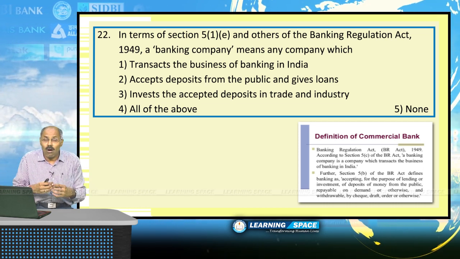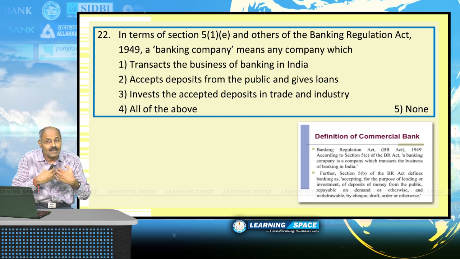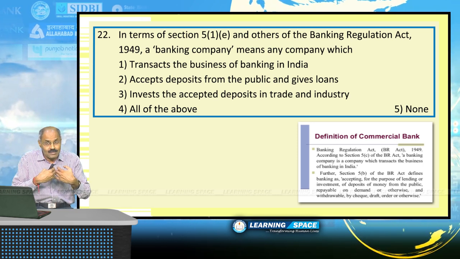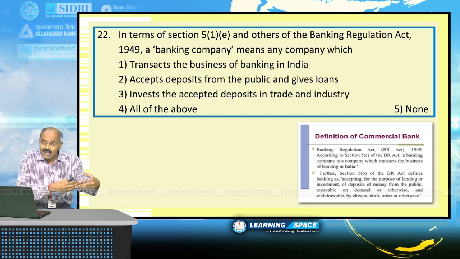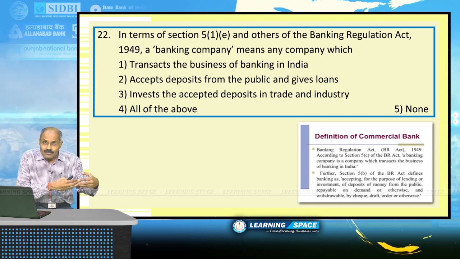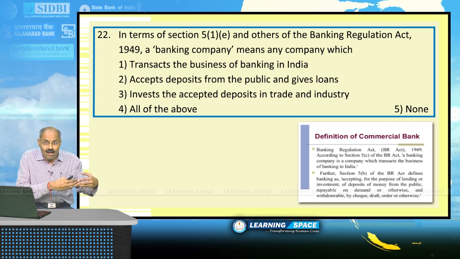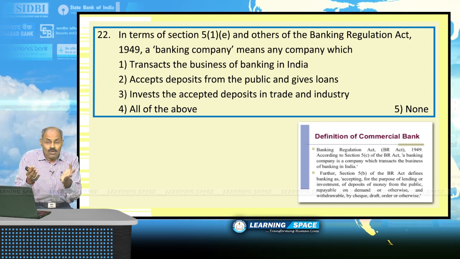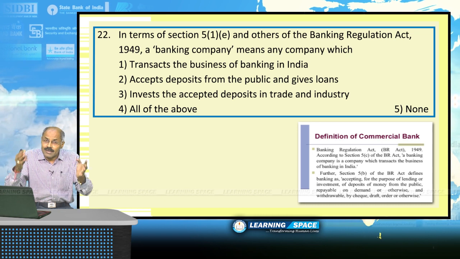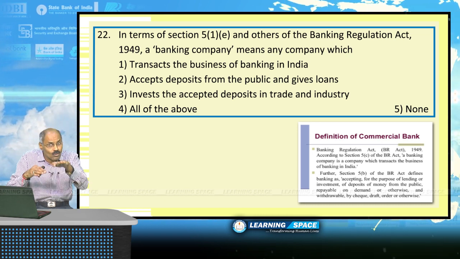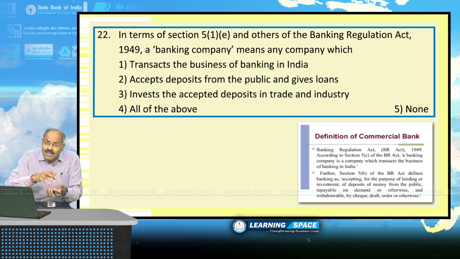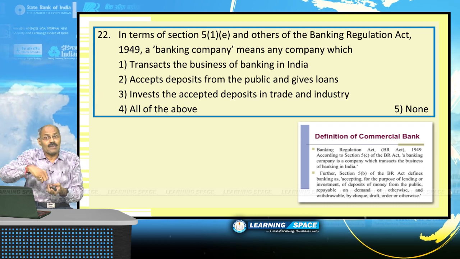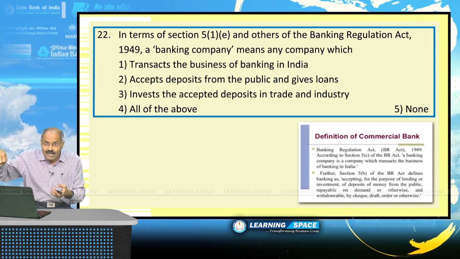They need not give all the deposits whatever they are taking. They have to keep something for CRR and SLR. After keeping aside for CRR and SLR, there is no such rule that they have to give 100% of the remaining deposits as loans to customers. They can invest also, in shares, in trade and industry.